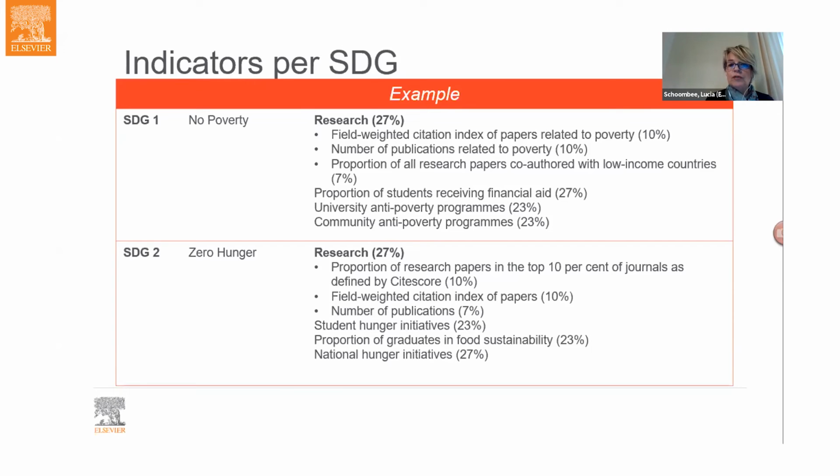Other metrics would be the proportion of students receiving financial aid, and university or community anti-poverty programs. Each of these 17 SDGs has a different methodology, but they all look more or less like this.